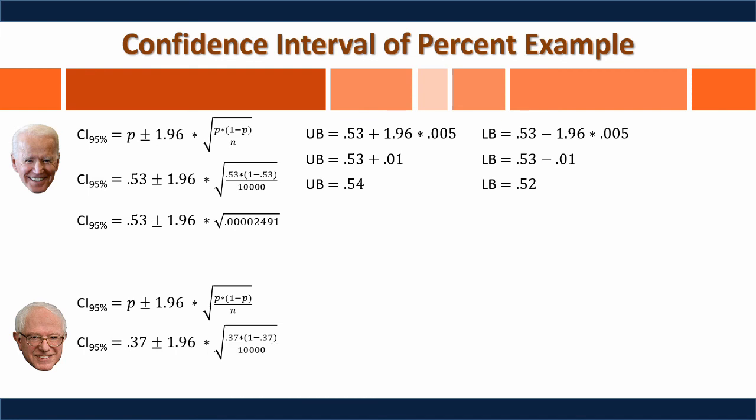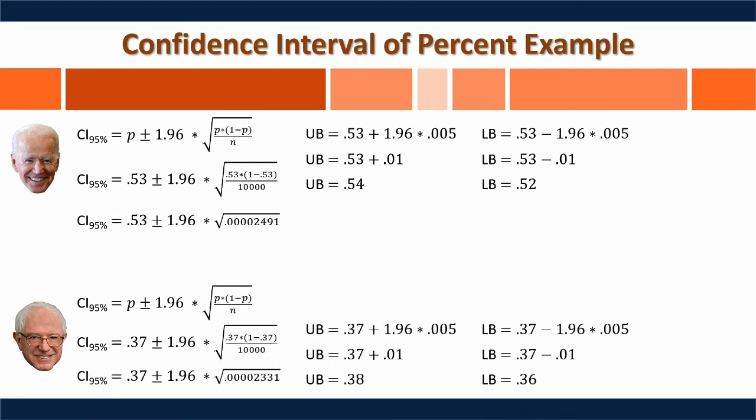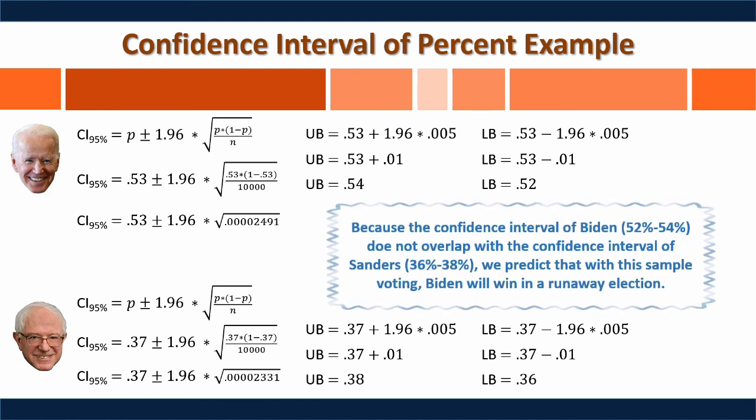Following the same steps as above, you get a lower bound of 0.36 and an upper bound of 0.38. Therefore, in 95% of the occasions using the same sample, the percent of people who would vote for Sanders is 36 to 38%. The absence of overlapping confidence intervals is meaningful in that we would predict Biden to be the primary winner in a runaway election.